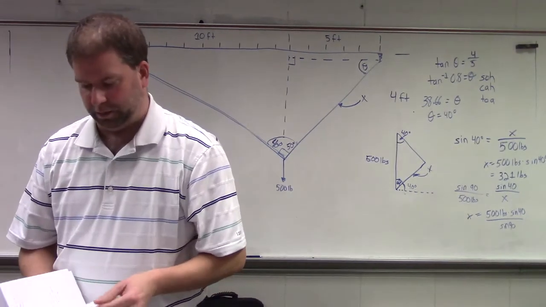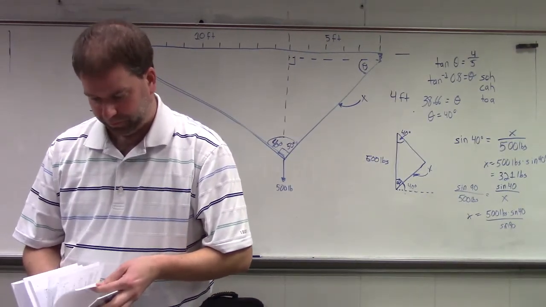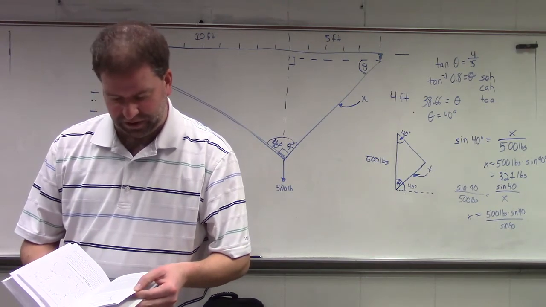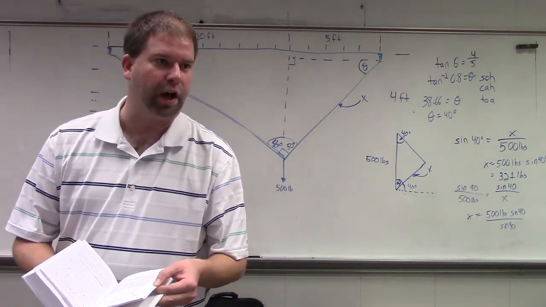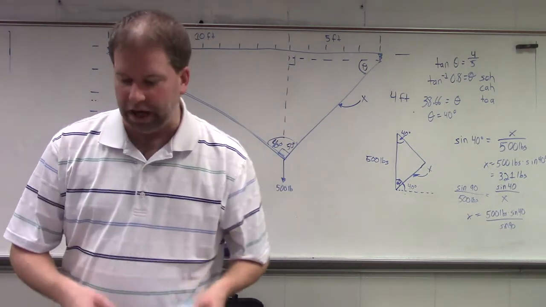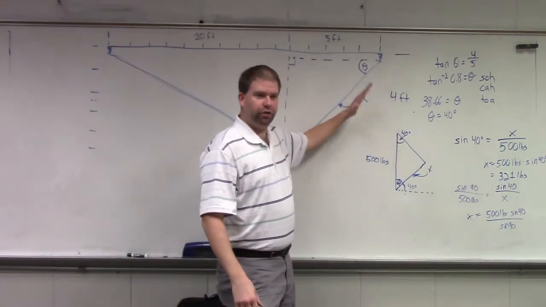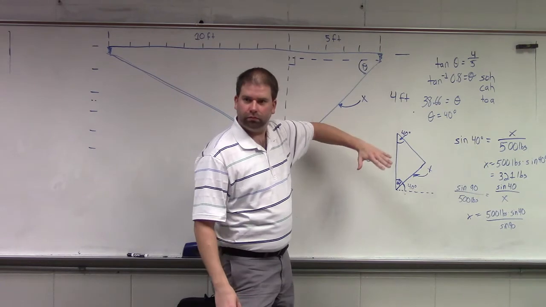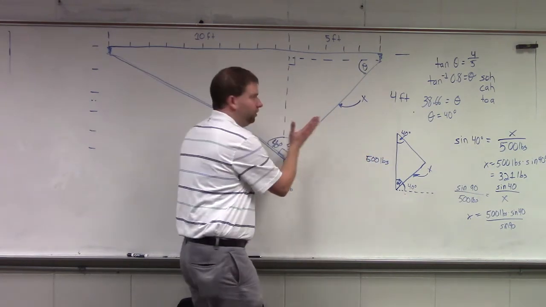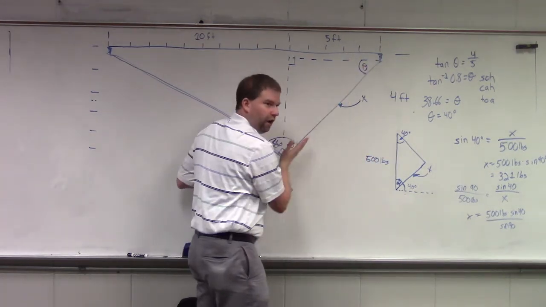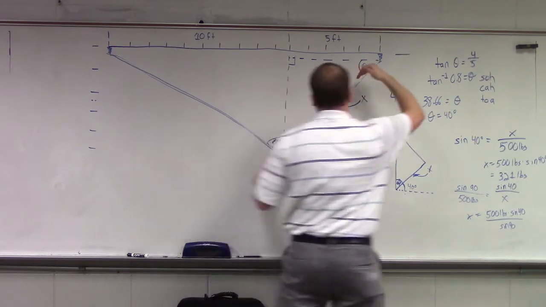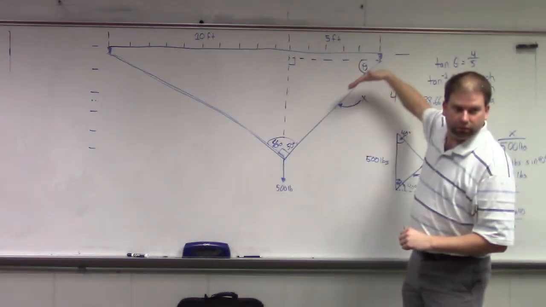At the bottom of page 16 it says, find the sense as tension or compression. Those angles tell you your line of action. Sense is telling you, is my force running in this direction or in this direction?